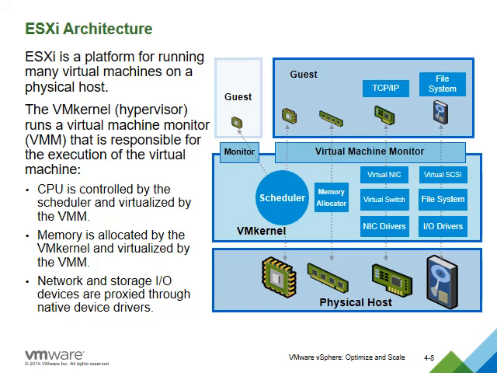Each VMM, or virtual machine monitor, is devoted to one VM, and to run multiple virtual machines, the VM kernel starts multiple VMM instances. In this situation, the VMM handles the CPU and memory virtualization as well as some aspects of device virtualization. Then the VMware kernel storage and network stacks manage I/O requests to the host devices through their device drivers.